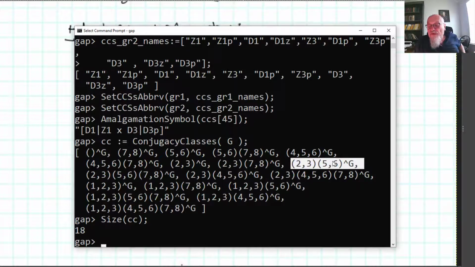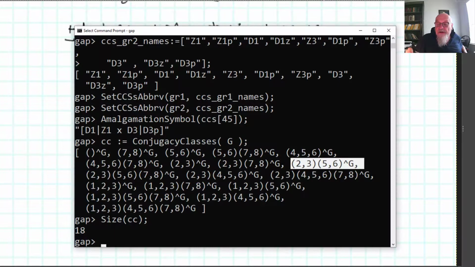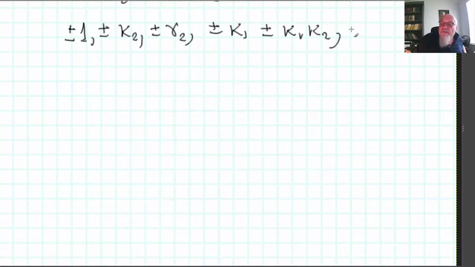What could be 2, 3, and 5, 6? In such a case, you identify this is plus minus kappa 1, kappa 2. And then go to the next one, and you can do all of them like this. So the next one is kappa 1, gamma 2, so plus minus kappa 1, gamma 2.